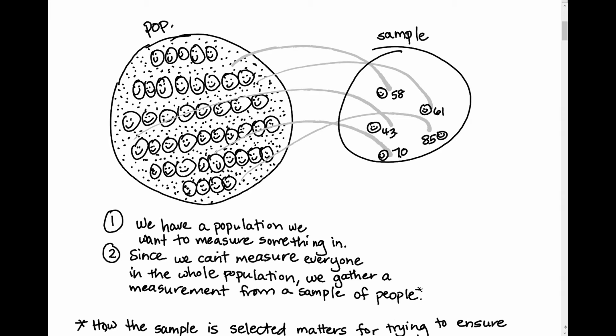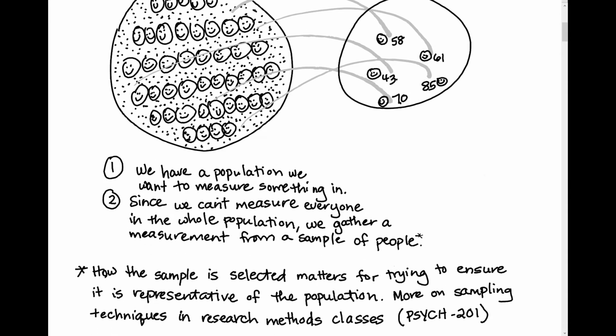You're getting that little piece to represent the whole thing, so you have an idea of what's going on in the whole pie or in the whole whatever, right? So since we can't measure the thing in the whole population, we take this sample and we measure all of the individual people in that sample. We can't measure everyone in the population, so let's just take a group of people and measure it among them.